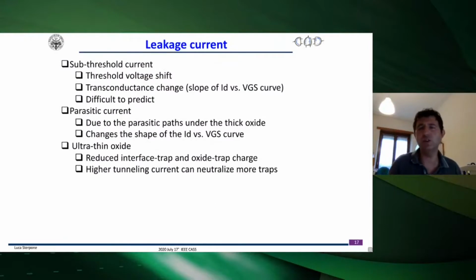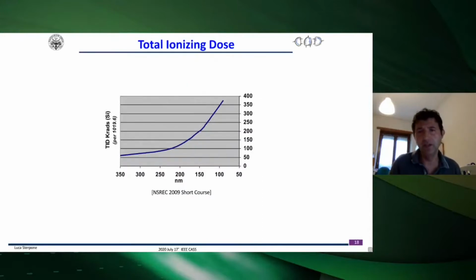So all this scenario, as you see, is very, very large. We can consider most of these phenomena connected to the change of the voltage characteristic inside the device. This can be, as I said, the threshold voltage, the current, the possible generation of parasitic current, and then we have effects related to the type of oxide that is used, induced by the materials generated here. The effect of the total ionizing dose.